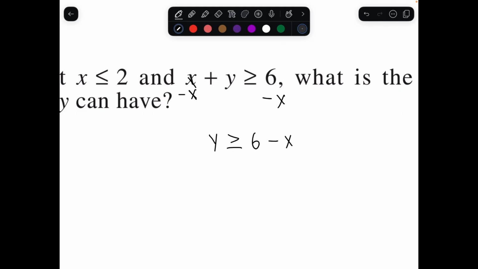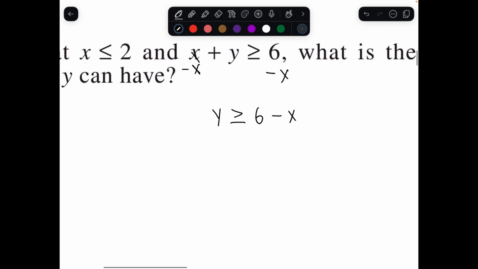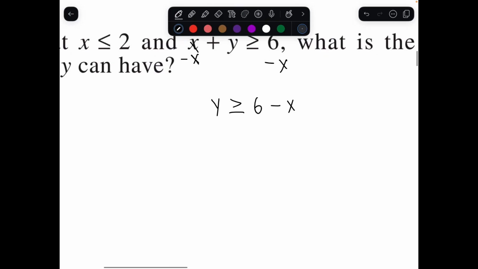So you get y is greater than or equal to 6 minus x. So for now, let's just focus on y equals 6 minus x.